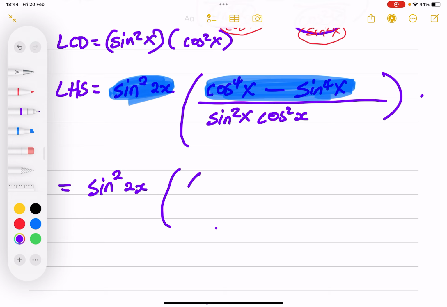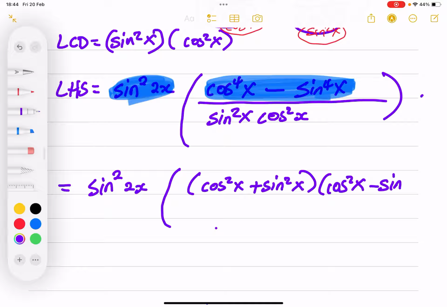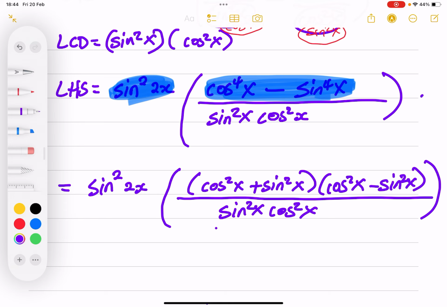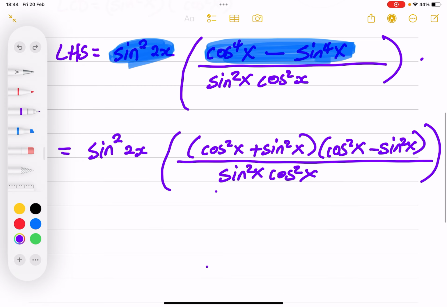So we're going to have cos squared x plus sine squared x, and then the other bracket cos squared x minus sine squared x, all over sine squared x cos squared x. This is still cos to the 4x, and this is still sine to the 4x. The middle terms will cancel each other. So we had a difference of 2 squares there. I want you to always think of trigonometry, especially identities and general solutions, as algebra, because that is what it is.